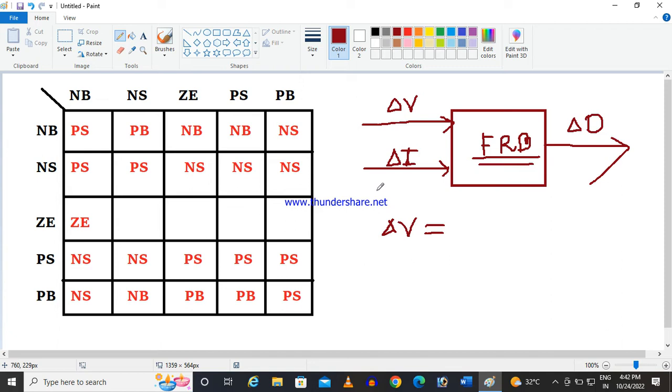After that, the duty cycle will be generated as output. This ADC conversion and the internal calculation for fuzzification and defuzzification take some time, and that time should definitely be less than the switching period of the converter.